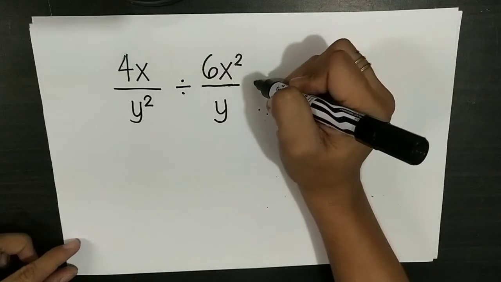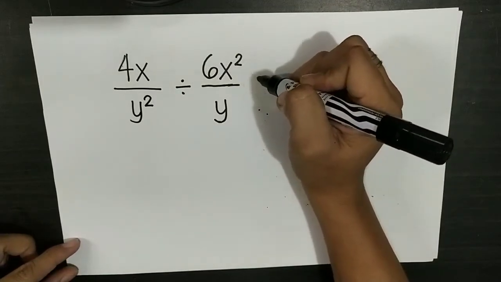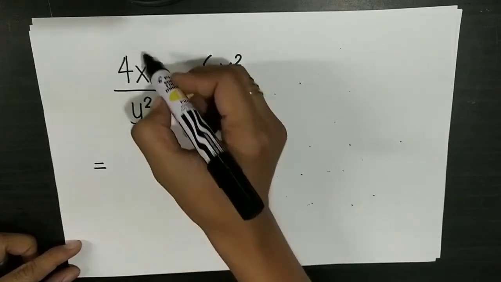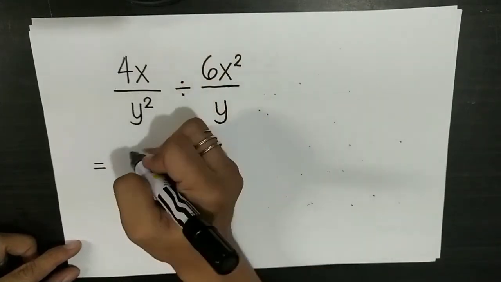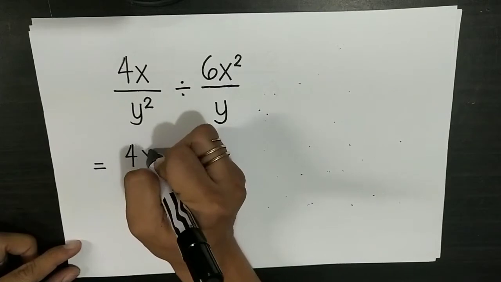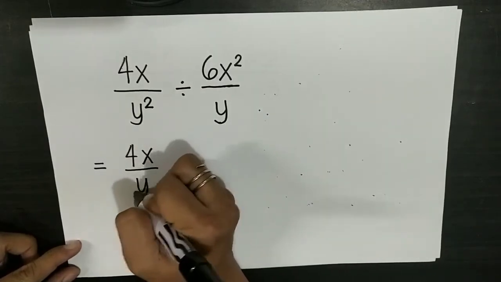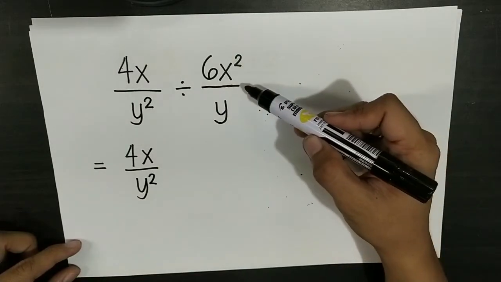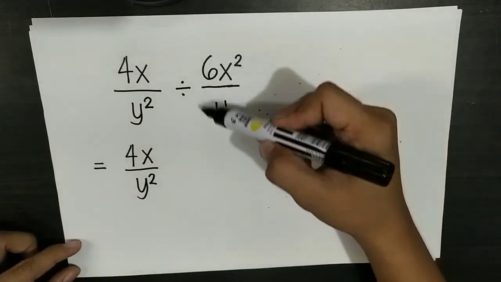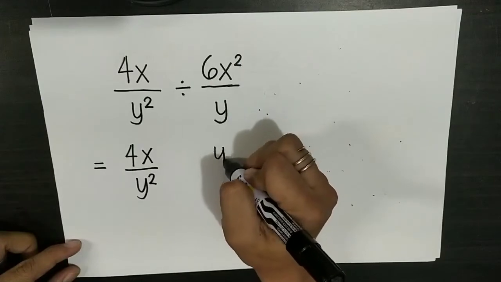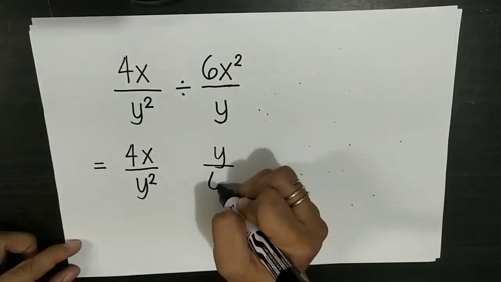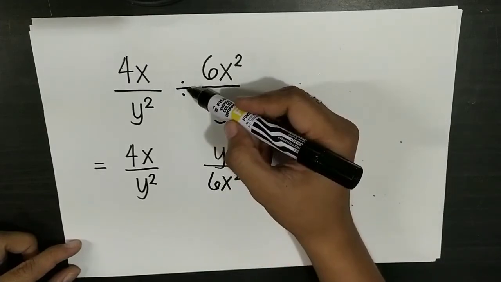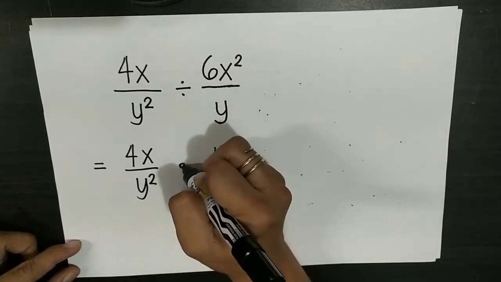So first step, we have to copy the first rational algebraic expression. We have 4x over y squared. All right, so let's reciprocate the second expression, that is y over 6x squared. Okay, from division proceed to multiplication.